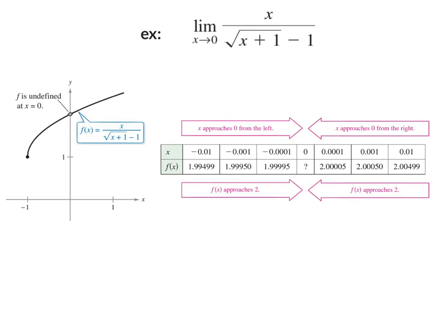It looks approximately that. So I'm going to guess graphically that the limit of this function as x approaches 0 equals 2. Numerically, remember we make a chart of values that gets progressively closer to 0 from both sides, left and right. It looks like those output values get really close to 2 as well. So that means that my limit of this function is going to equal 2.